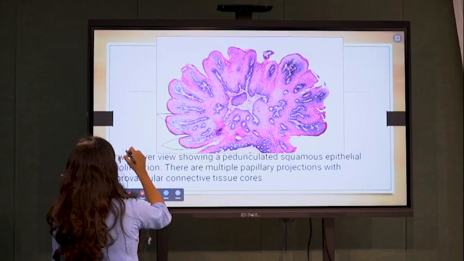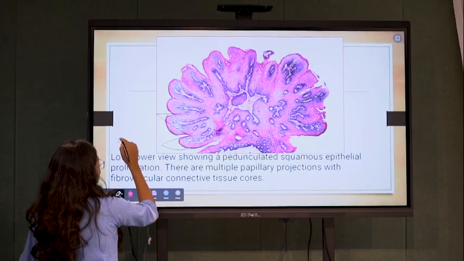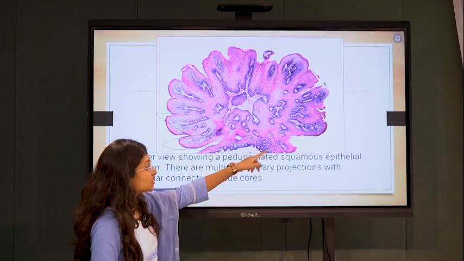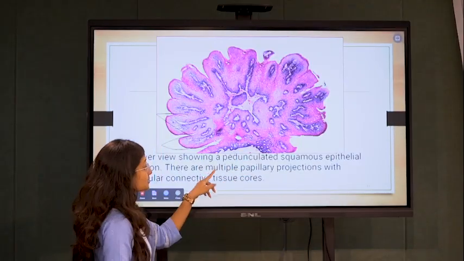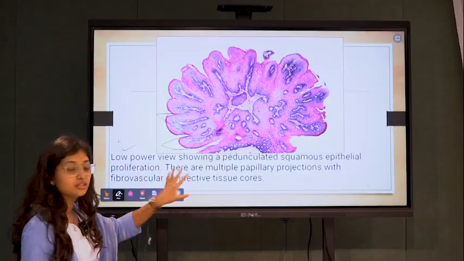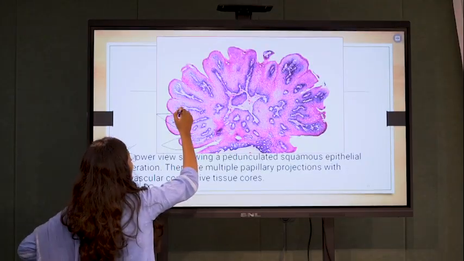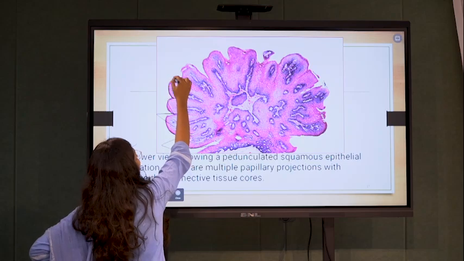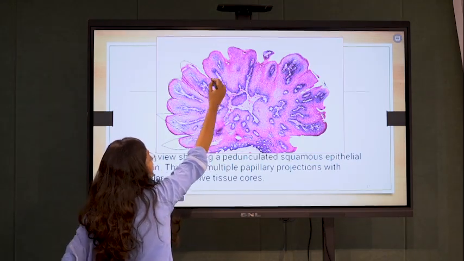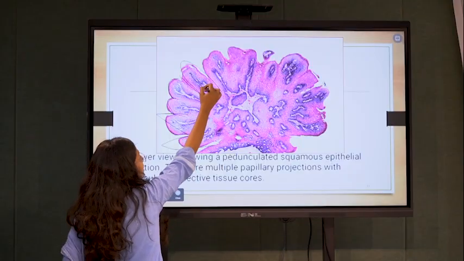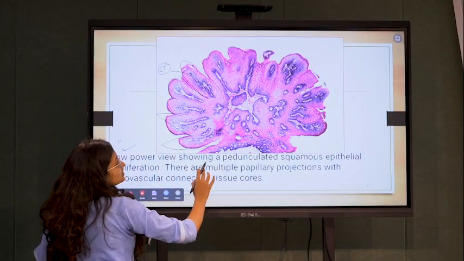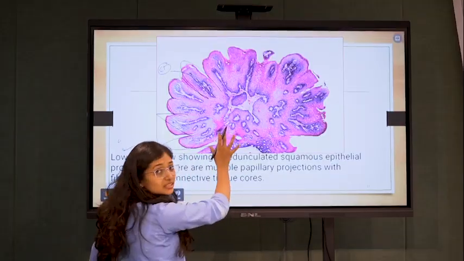This is in low power magnification, showing a pedunculated squamous epithelium proliferation, a multi-papillary projection with a fibrovascular connective tissue core. The epithelium is present over here, and as you can see, there are finger-like projections, and in between is the connective tissue core. So this is the pedunculated squamous epithelium.